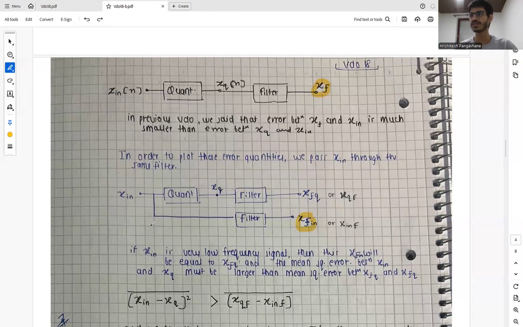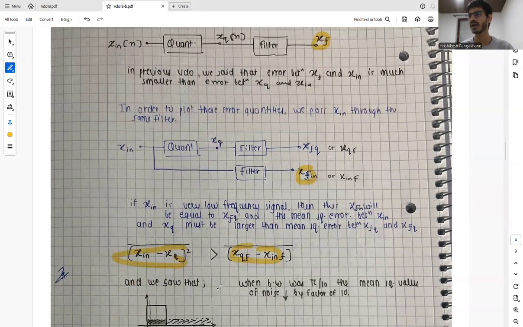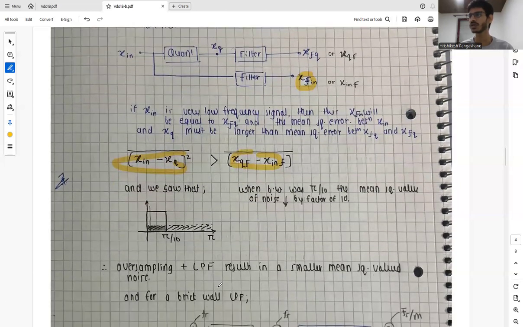If xn is a very low frequency signal, then xn filtered will be equal to xn, and the mean squared error between xn and xq must be larger than the mean squared error between xq filtered and xn filtered.